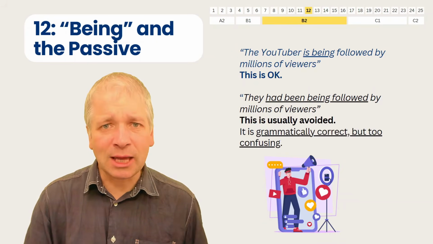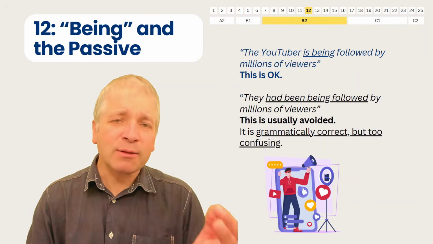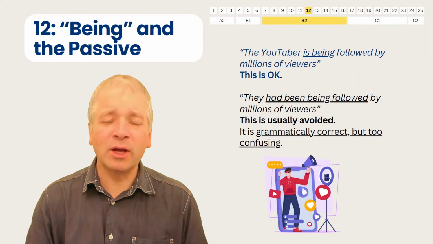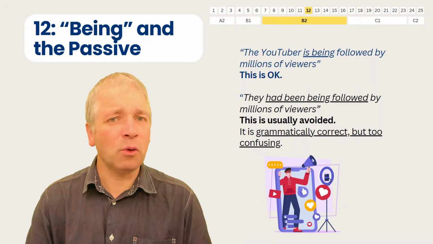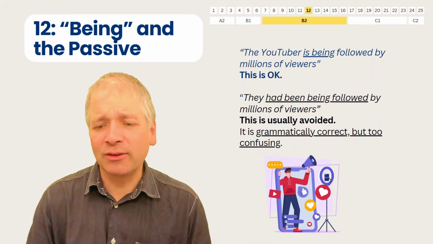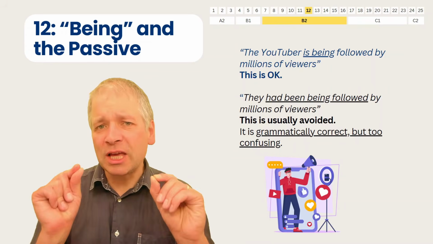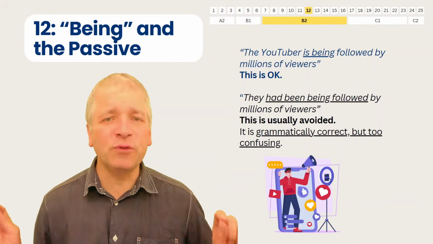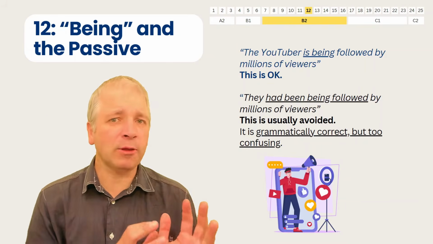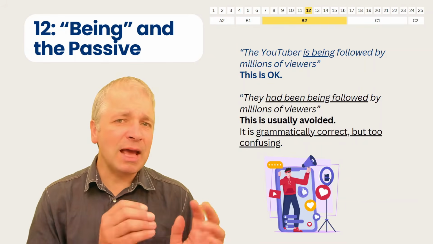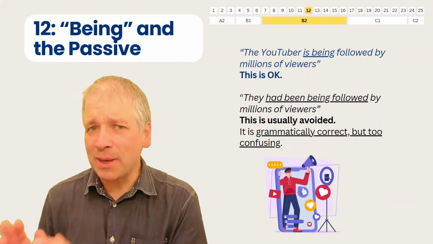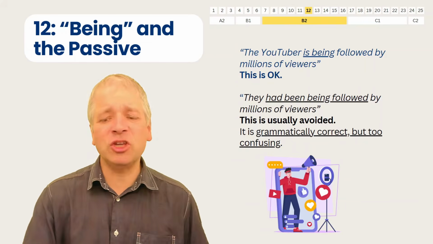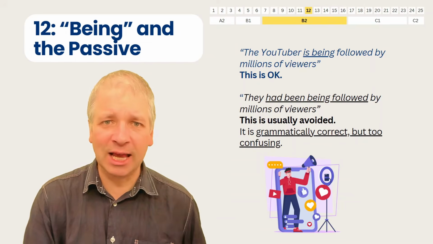Now grammatically, this looks okay. It's the present perfect and in the continuous form. So it's grammatically correct, but it is usually avoided. It's too confusing to have the past participle been next to the present participle being. People don't tend to use this in everyday English.